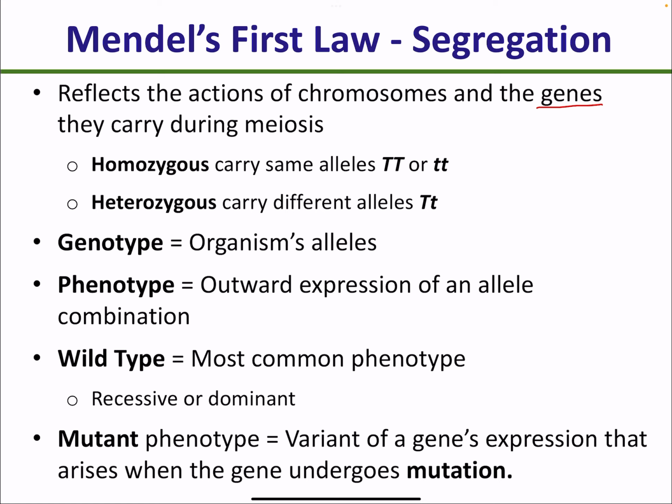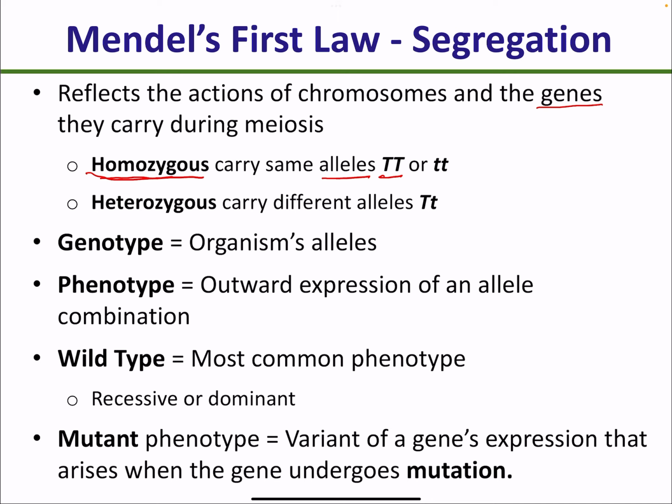Genes occur in alternate forms that we call alleles. An individual can inherit the same allele from mom and dad, in which case that individual is going to be homozygous. If the two alleles are dominant, we are going to have a homozygous dominant.